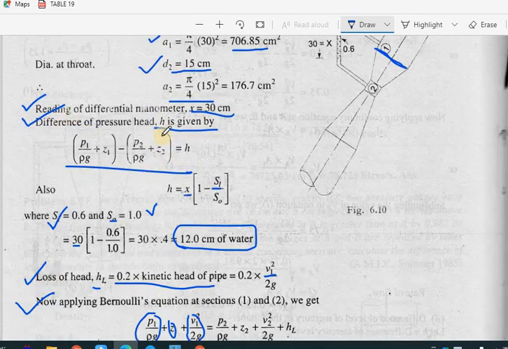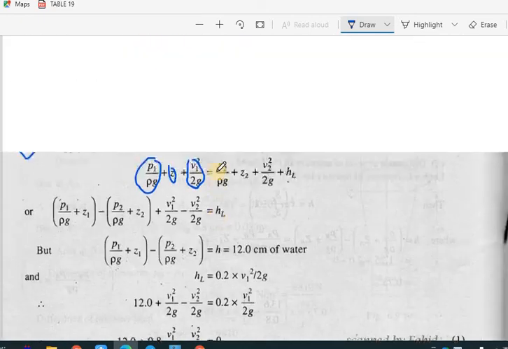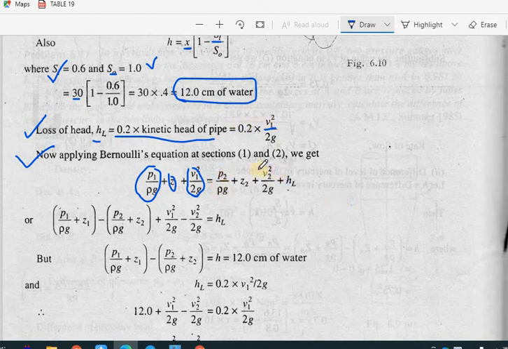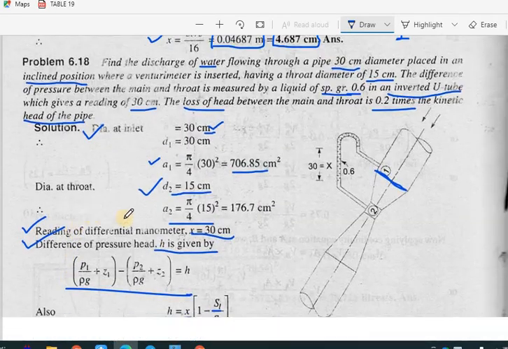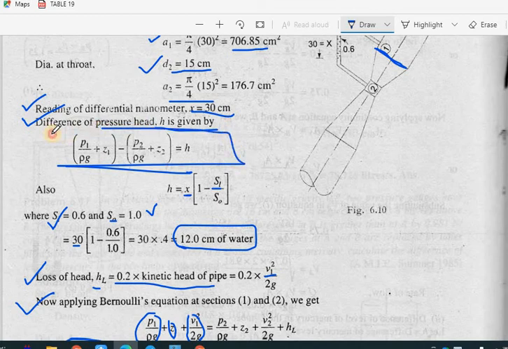You can replace all this value as H. On the right-hand side we are left with V1 square by 2g minus V2 square by 2g equals HL. So this value we can replace directly with H, because this is the formula for your H. You can use this formula also.